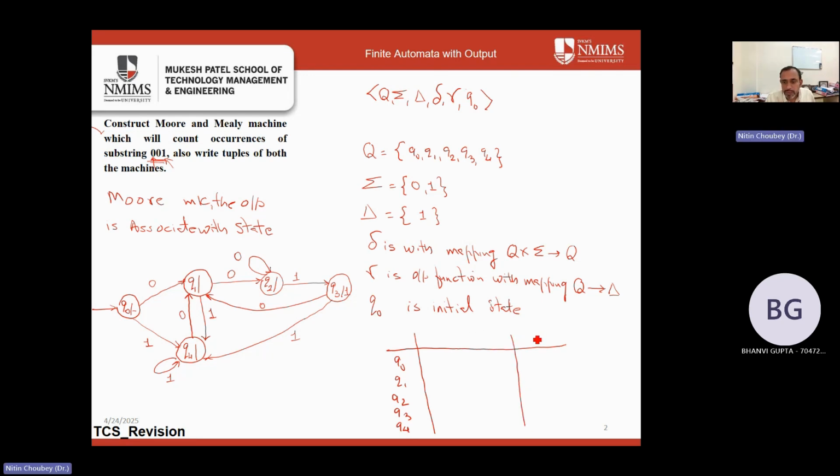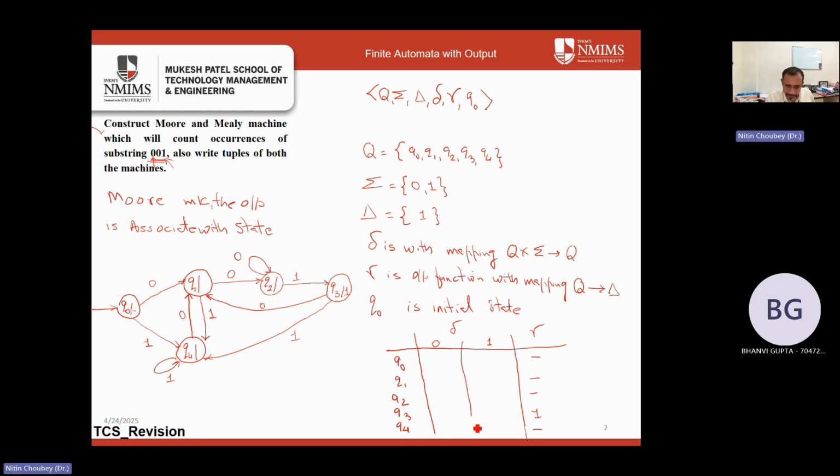We have output function gamma represented here. We have delta represented here. Two inputs are there, 0 and 1. Output associated with Q0, if you look at this diagram, is dash. We just have output associated with Q3. We can write here 1, and all others are nothing but dash, dash, and dash.